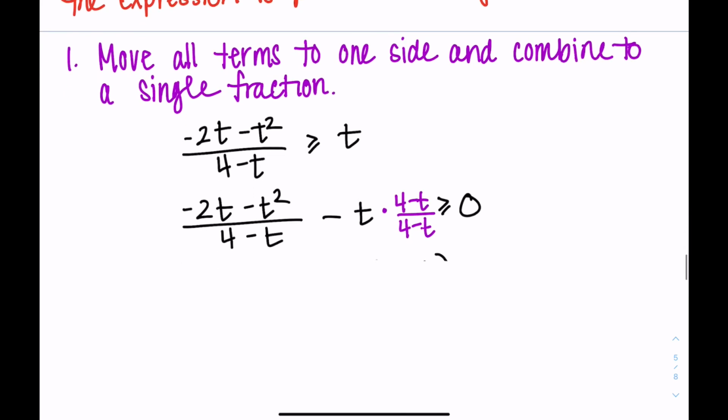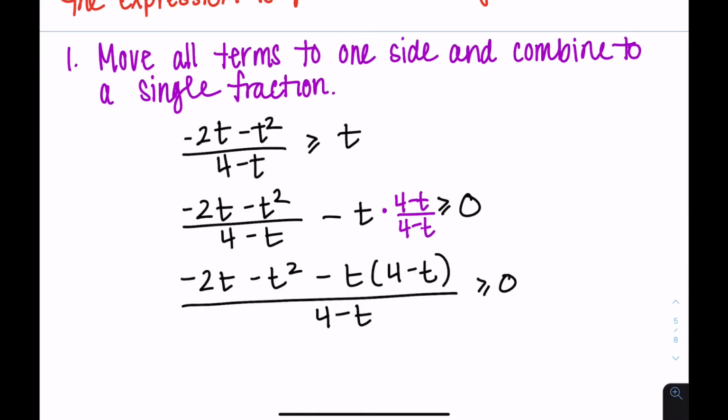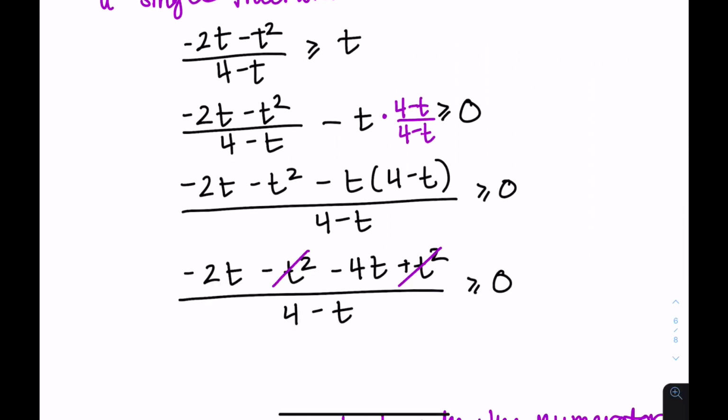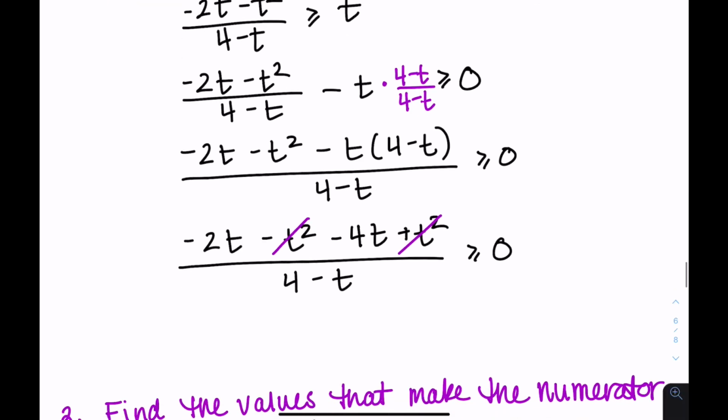So when we do that, we can combine it to a single fraction. Go ahead and distribute that -t. Nice things happen, and the t squareds cancel. So you just get -6t over 4 minus t is greater than or equal to 0.